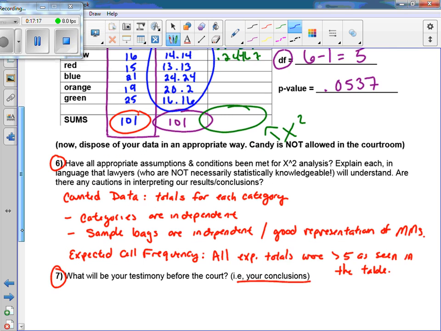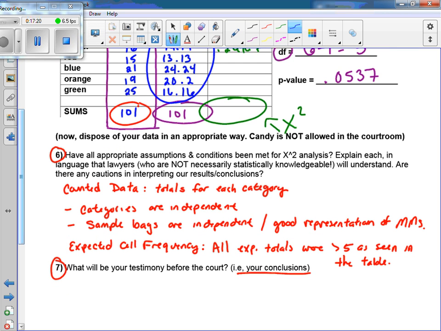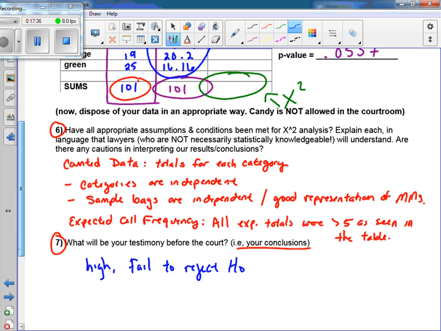Now we need to make a conclusion. My p-value is 0.0537, so my p-value is high. So I'm going to fail to reject the null hypothesis. Now, it was a lab, so some people did reject. It kind of depended on your bag. If I fail to reject, that means I think the null hypothesis is true.